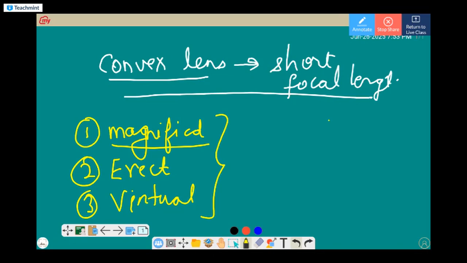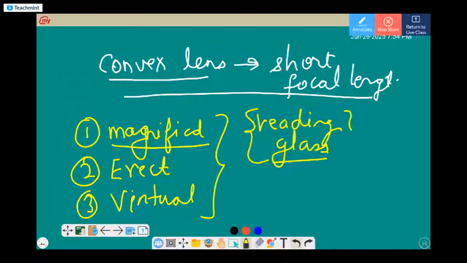So what is a magnifying glass? Also called a simple microscope. In some cases it is also called reading glasses. For people who, after a certain age, maybe due to whatever factors, are not able to see or read even books which are close to them, they need glasses.